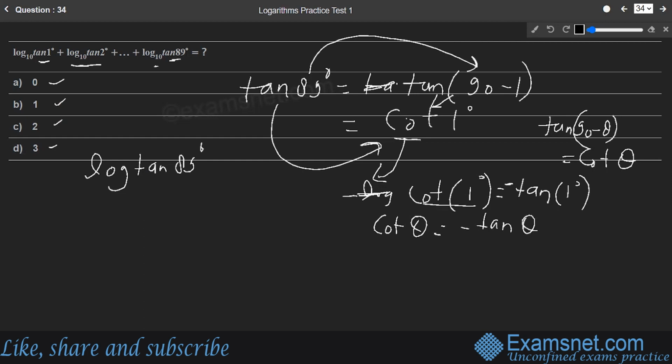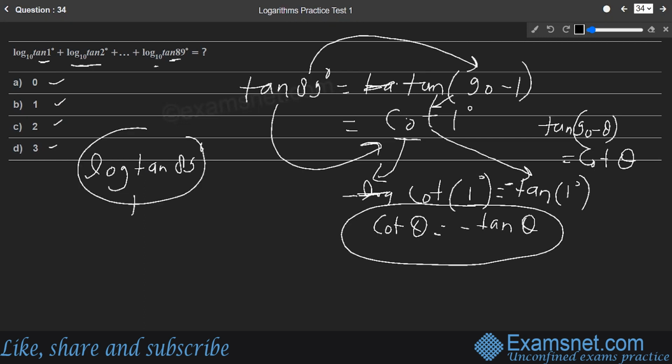That is one more rule, or rather tan theta is equal to minus cot theta. So for cot 1 degree, it can be written as minus tan 1 degree. So ultimately, this whole log tan 89 can finally be replaced by minus log tan 1 degree.